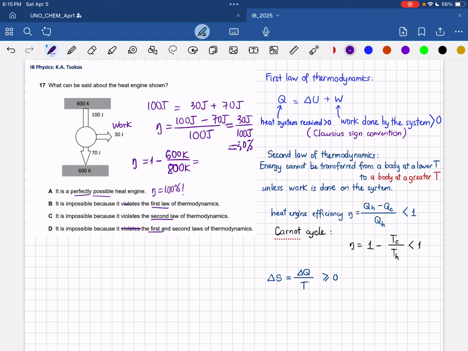So that will be 1 subtracted by 3 over 4, which is 25%, right? So there's a mismatch here. They're not the same, right? So it seems like it violates the second law. Okay, so that's why C is the option. Sounds good? Okay, let me know if something isn't clear. Thank you.